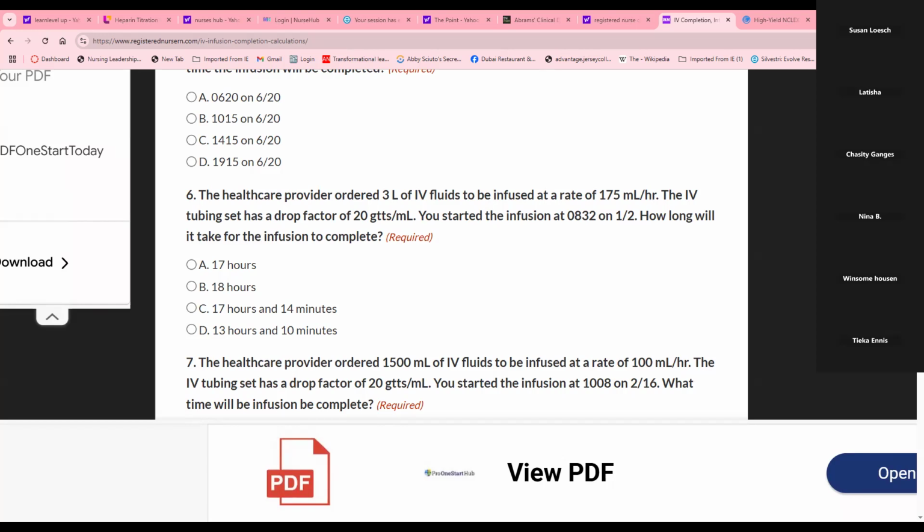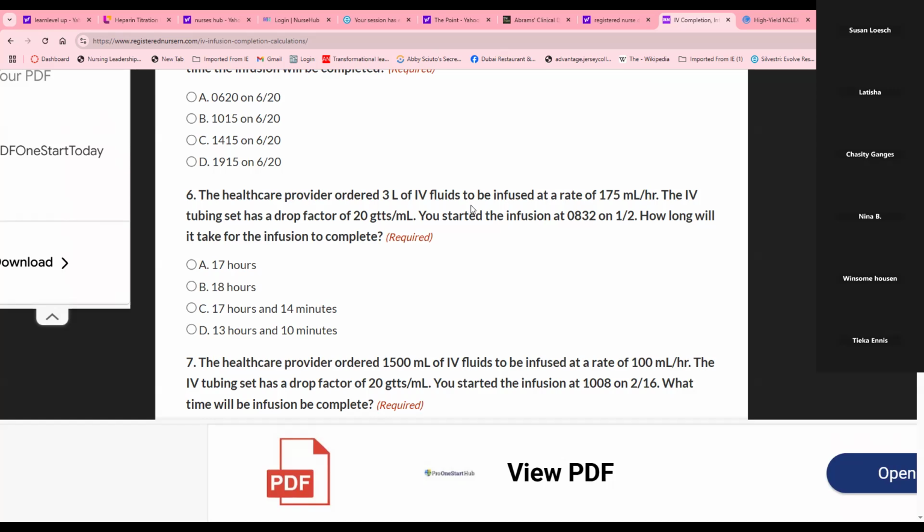That's basically number 6, right? Let's go back to number 6. This is asking how long it's going to take to complete. You have 3 liters ordered, which is 3,000 mL, and the rate is 175 mL per hour.